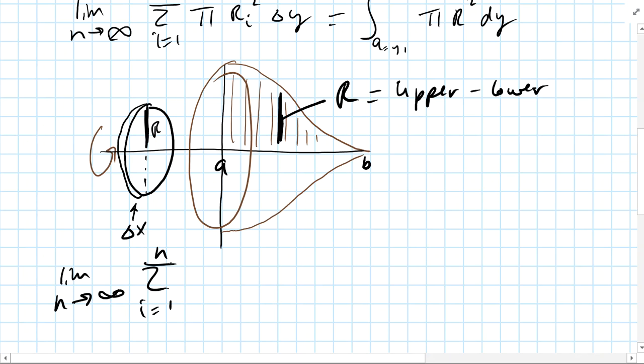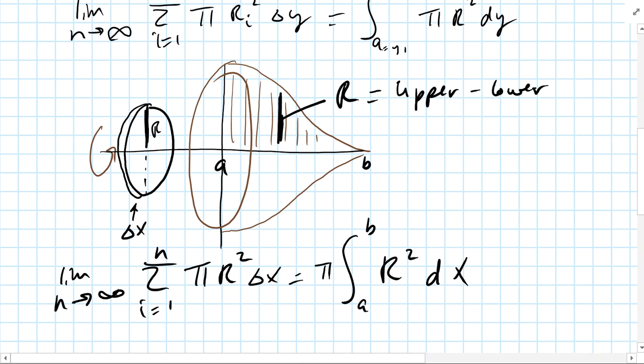What is the cross-sectional area of this thing? Pi r squared, but now instead of delta y, it's delta x. Does that mean I'm going to integrate from A to B? Can I pull the pi all the way out in front? It's just a coefficient, right? Pi r squared dx.